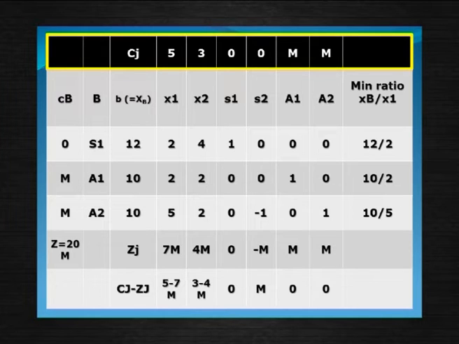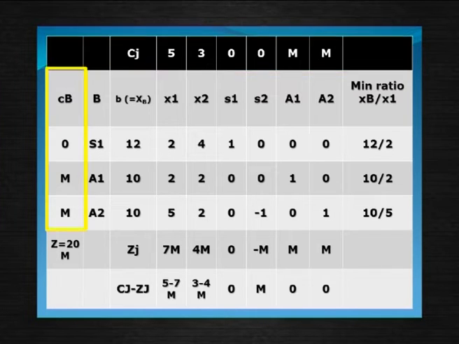Cj is equal to 5, 3, 0, 0, M, M. The coefficients of the basic variables CB are 0, M, M. Variables in the basis B are S1, A1, A2. The solution values XB are 12, 10, 10.